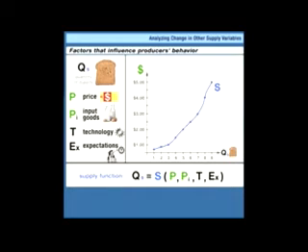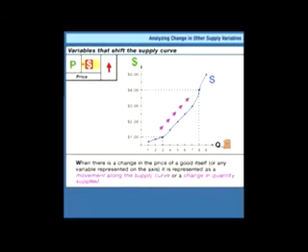The answer is, a change in the price of bread leads to a movement along the supply curve, a change in the quantity supplied. When the price of bread increases, the baker is able to cover the rising opportunity costs associated with expanding his output. Therefore, an increase in the price of bread leads to an increase in the quantity of bread supplied.